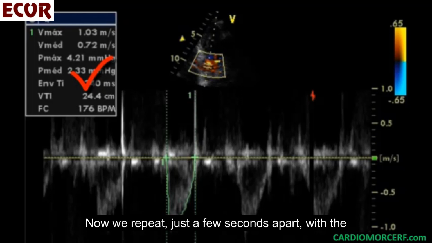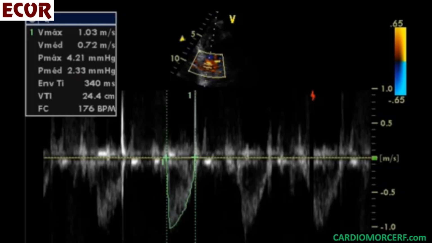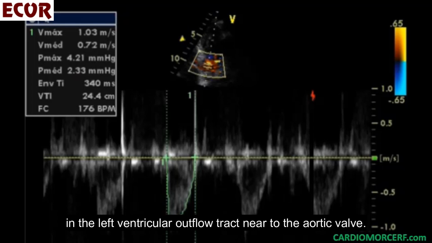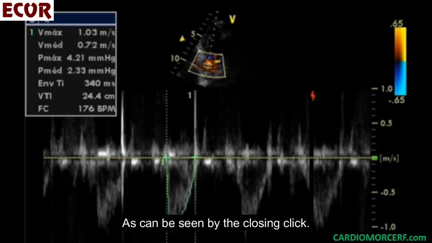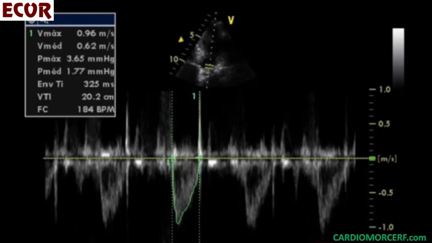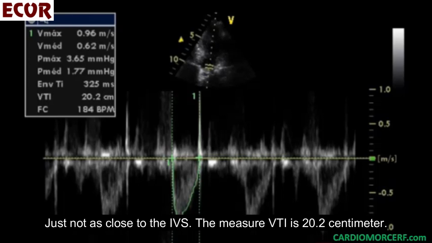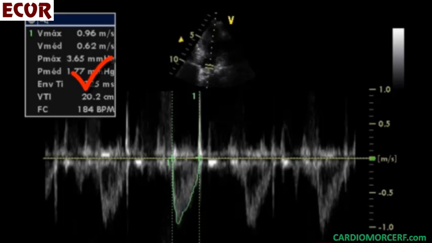Now we repeat just a few seconds apart with the sample volume at the same depth in the left ventricular outflow tract near to the aortic valve, as can be seen by the closing click, just not as close to the IVS. The measured VTI is 20.2 cm.